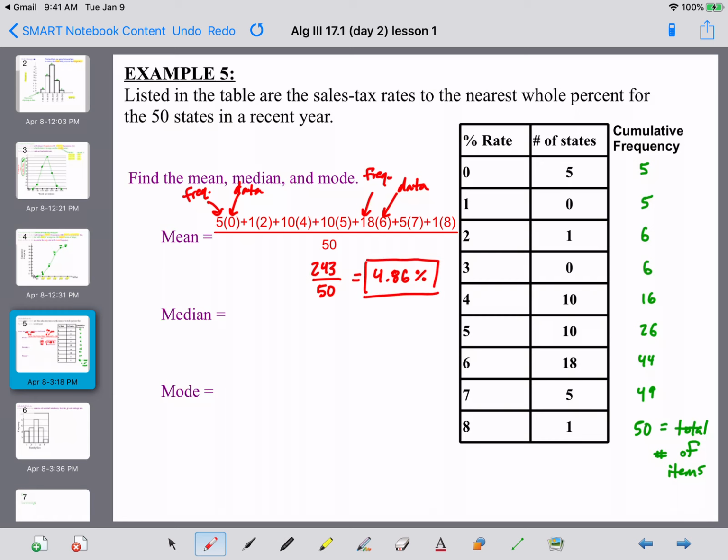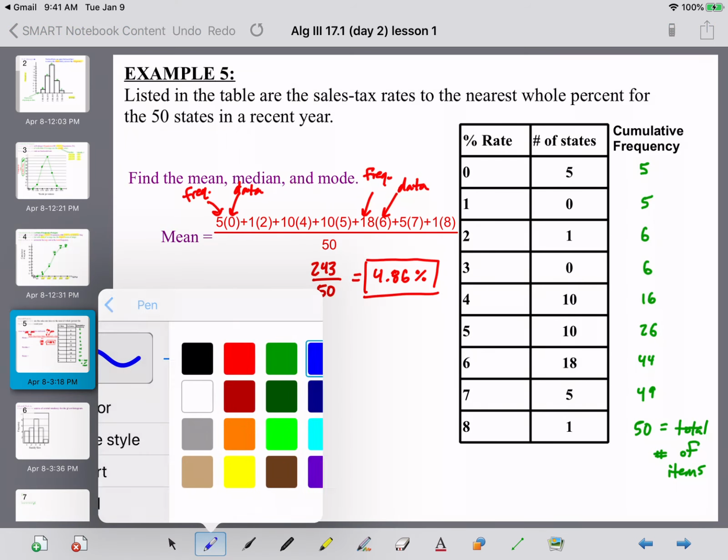The median is your number right in the middle. So if there's 50 total items, right in between the 25th and the 26th would be where your median is. That'd be right in the middle. So right here, I'm going to do this in a different color. We'll do blue.